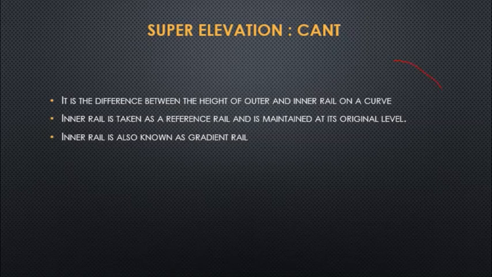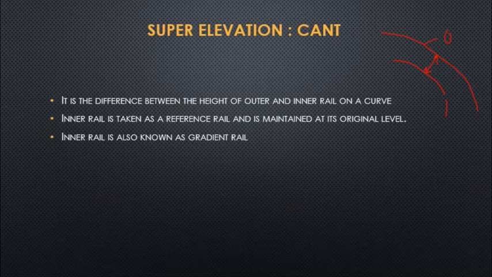In a curve there will be an inner rail and an outer rail. So there will be this difference in the heights of these two rails. This is the outer rail and this is the inner rail. The outer rail will be elevated and the inner rail will be in a normal position. So the height difference between these inner and outer rails is known as super elevation.